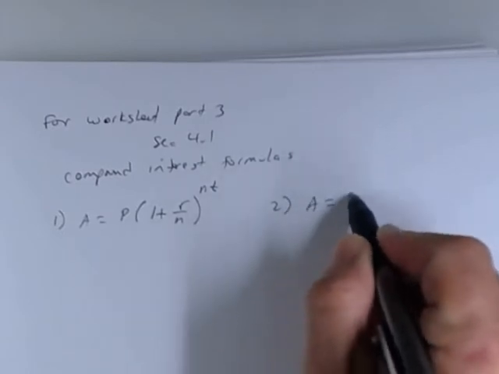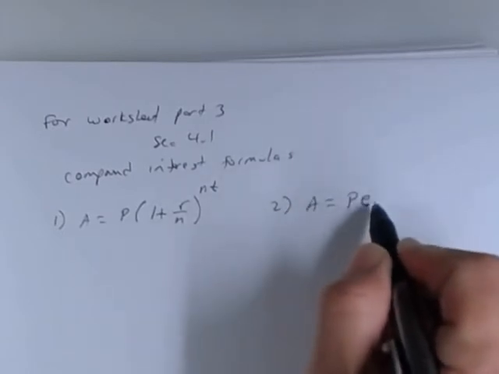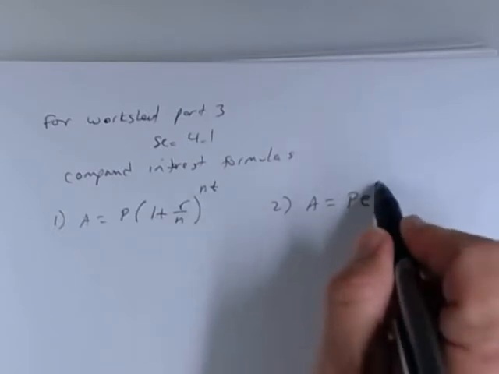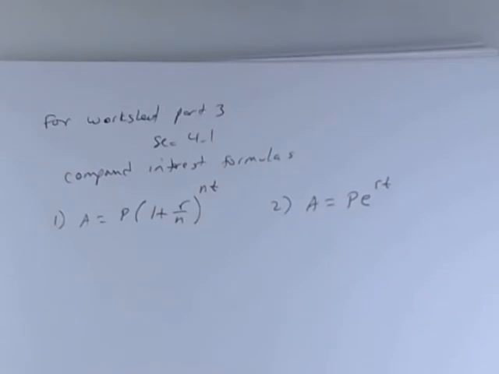A equals P times E, and remember we just talked about E, that natural base, to the RT. So the exponent of E is RT. No, you're about to use them though.